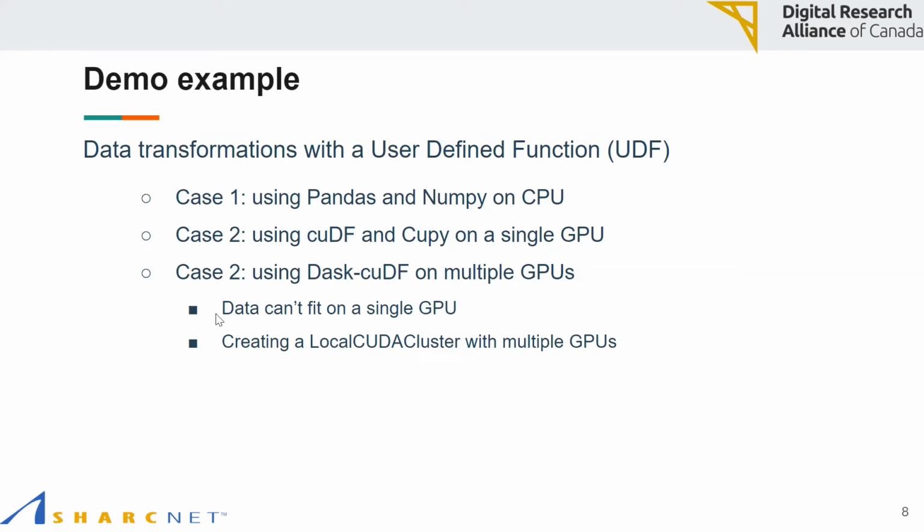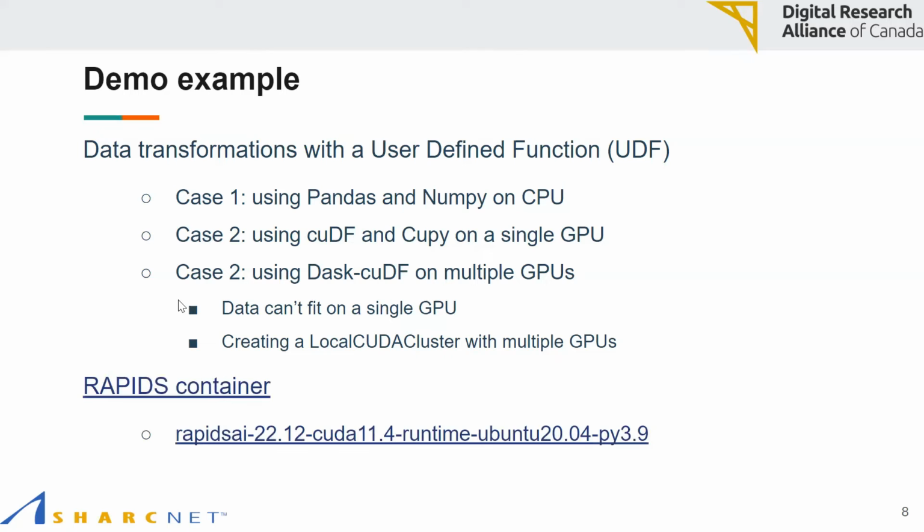Dask-cuDF is used, and we will create a local CUDA cluster on a full GPU node that has multiple GPUs and compare the changes in the Python code in using Dask-cuDF. Okay. Also, we will monitor the GPU usage on a GPU dashboard during the execution.